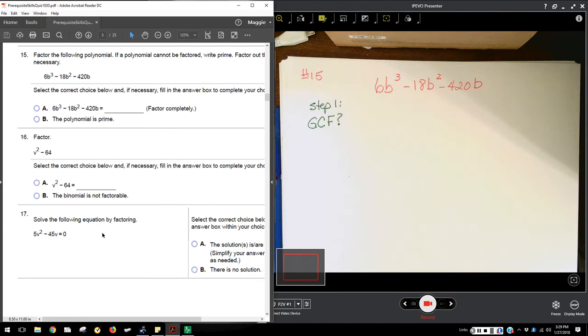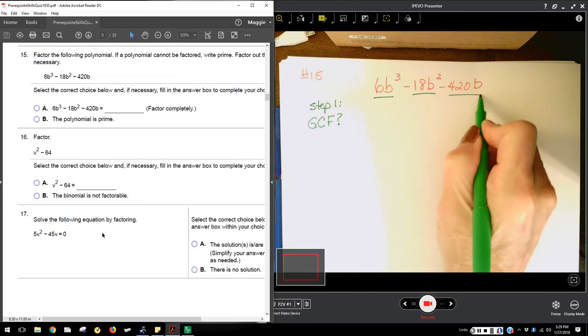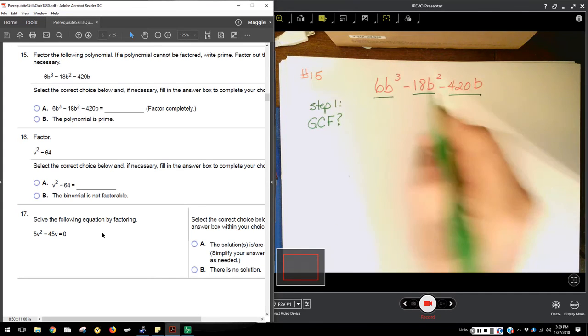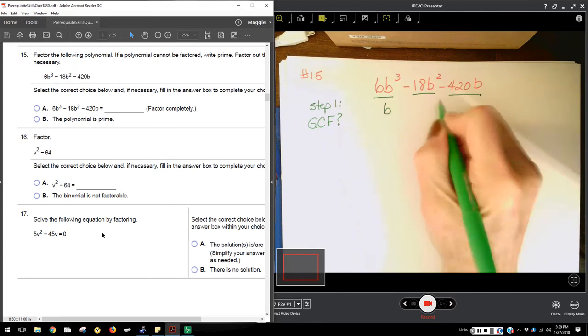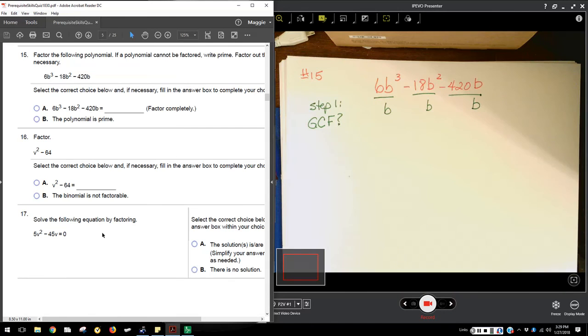And what we see immediately is that all three of these terms have a b. So you look for a common variable and find the lowest power of that common variable.